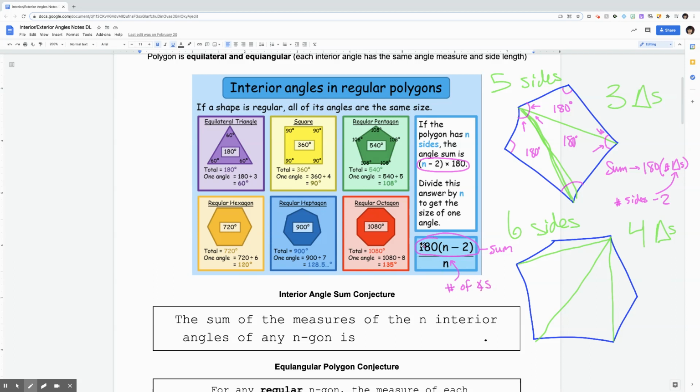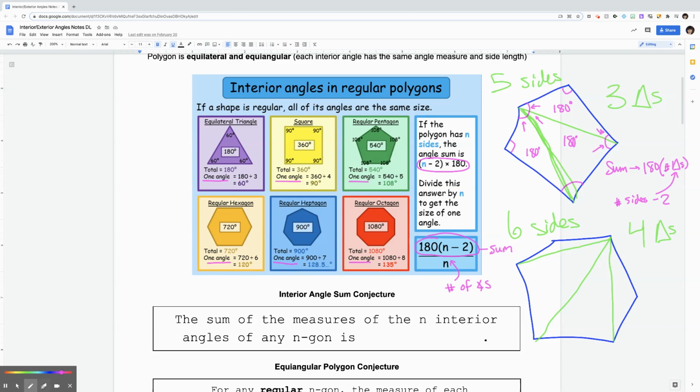So that's why you have this slightly more complex formula for the measure of each individual angle in a regular polygon. Which is kind of what's going on in all of these parts of the thing that you see on the screen right here, where they're calculating one angle for each of these. Taking the sum and dividing it by the number of angles, the number of sides.